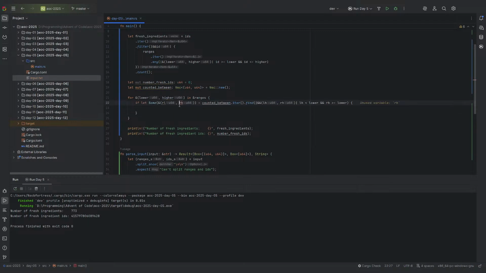Okay, so here I found an overlap in the lower bound. So I might need to count less than higher minus lower.